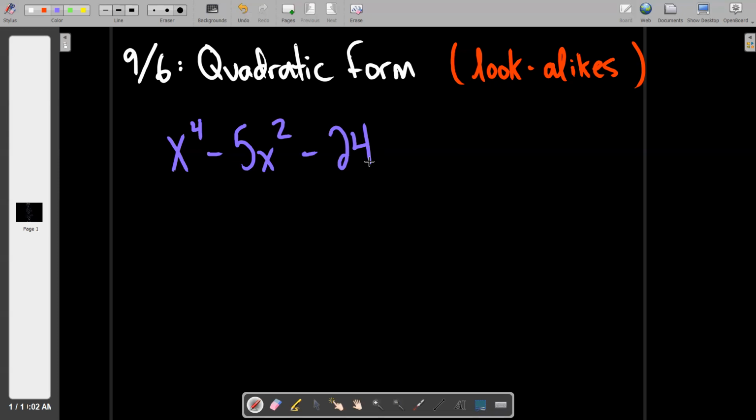And what we mean when we say it's in quadratic form is just the feel of the exponents. What do you notice? This is an answerable question. What do you notice about the exponents? What else? I'm going to give you other examples where that's not necessarily the case. So just so you're clear, it's not that they're divisible by 2.